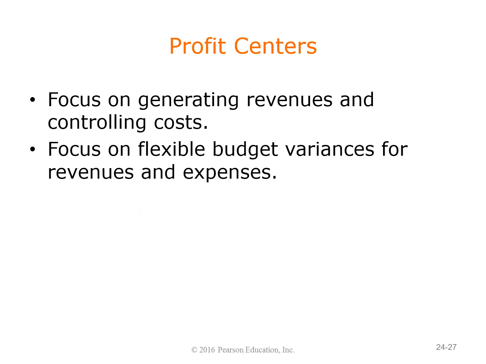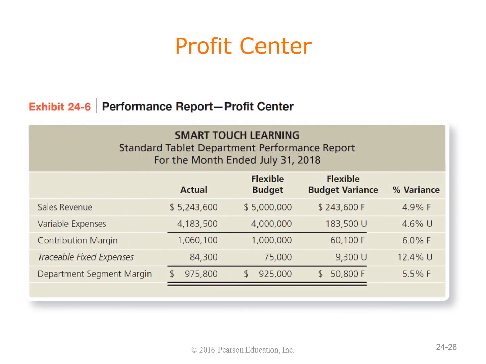The profit centers focus on generating revenue and controlling costs. So the report here would include both revenue and cost, and it focuses on the flexible budget variance for revenue. As you can see here, this is the actual sales, variable expense, this is contribution margin, the fixed cost, and the margin. And as you can see, we use the contribution margin income statement format.